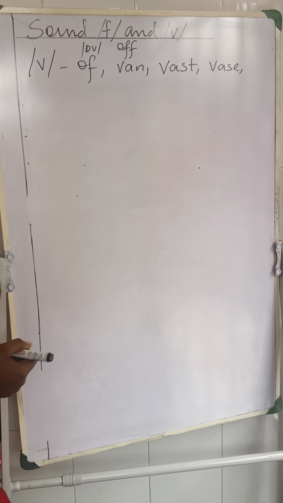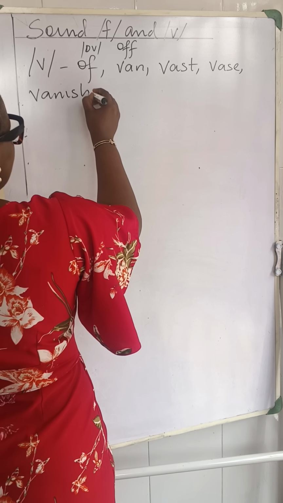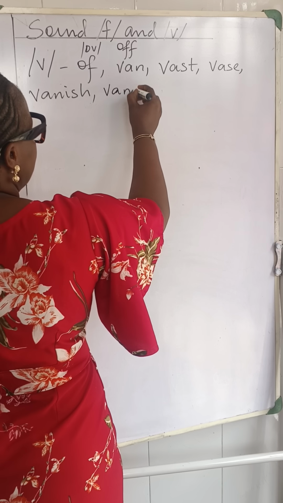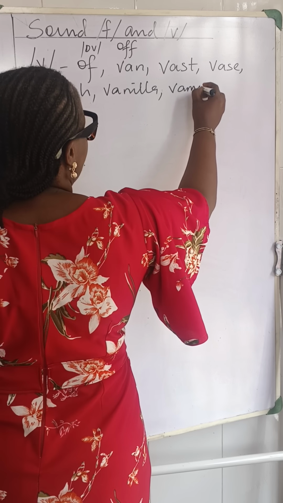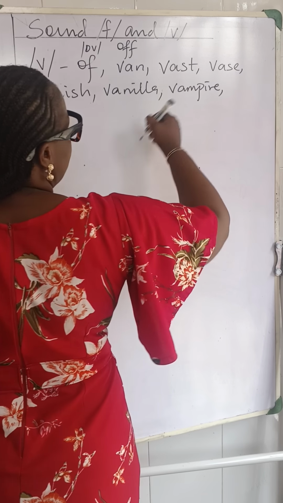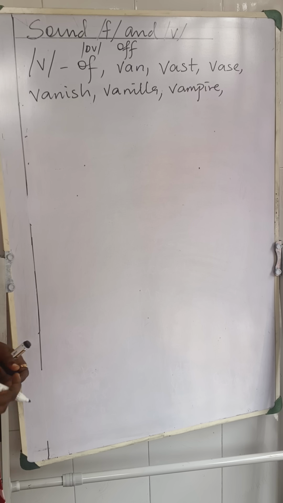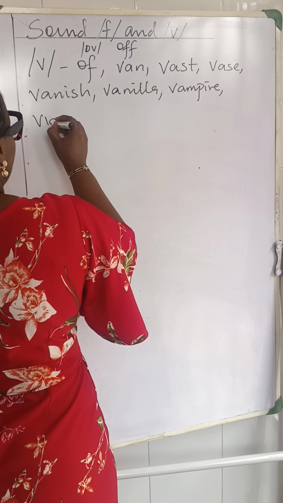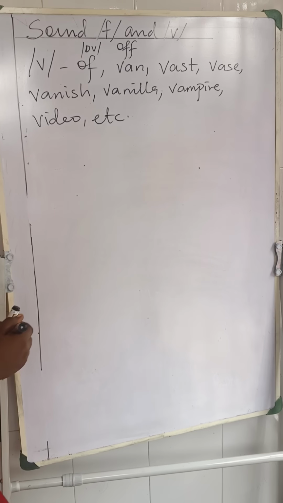We have vampire, vanish, vanilla, victory, valentine, video, violet, and so on. They are words with the v sound.